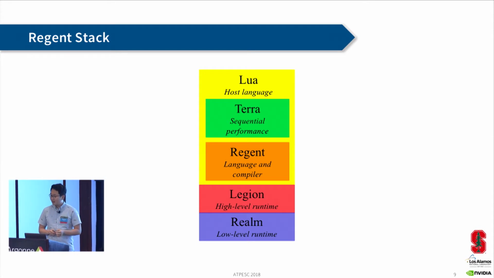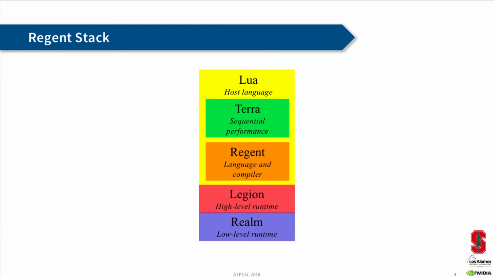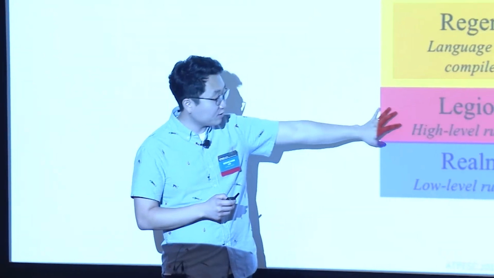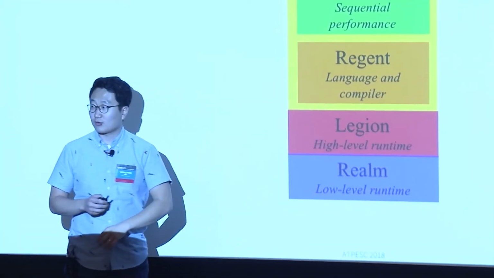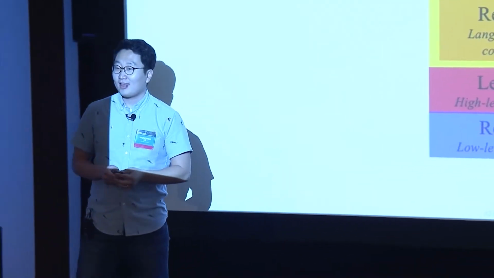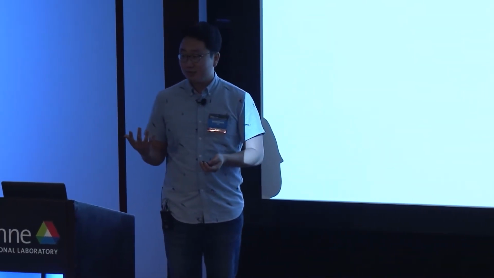So when the user is writing a program, where are they writing it? There are two entries here. You can directly write a C++ application using the C++ API, or you can write a Regent program using our compiler. And actually, there are other options too. For example, Los Alamos National Lab is building a framework called Flexi, which sits on top of Legion.